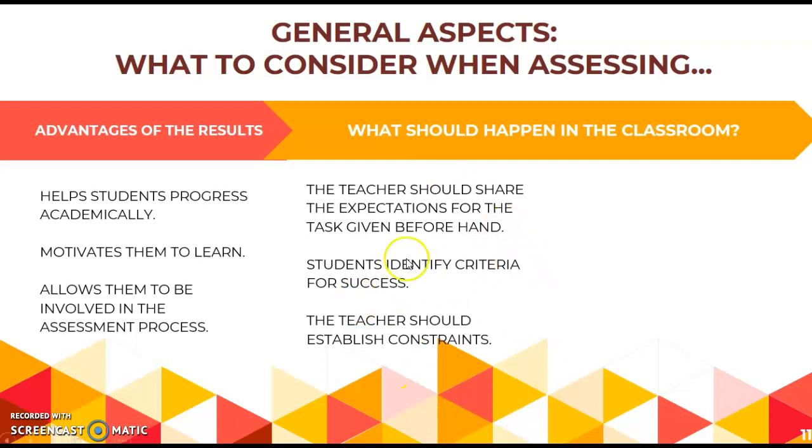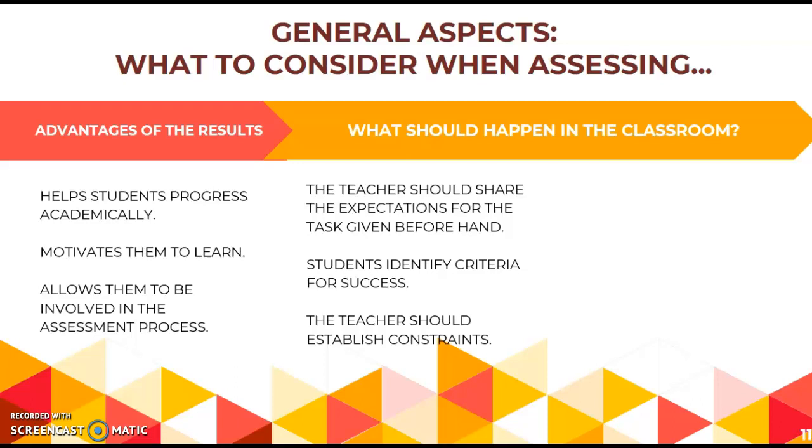We need to establish some constraints. By constraints we mean limitations. So for instance, if we are assigning them a writing production activity, how many words should my production have?